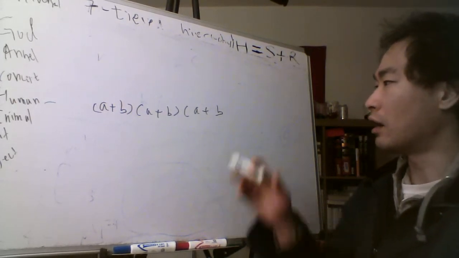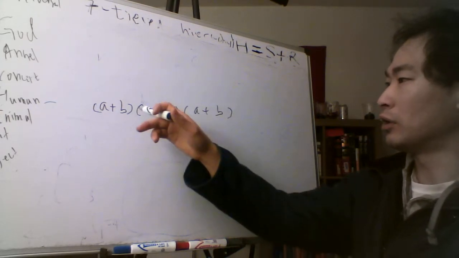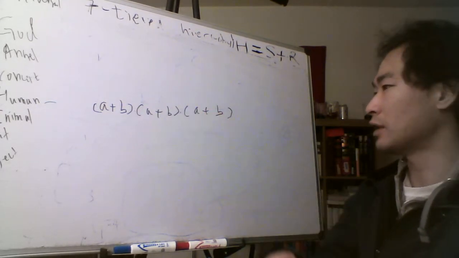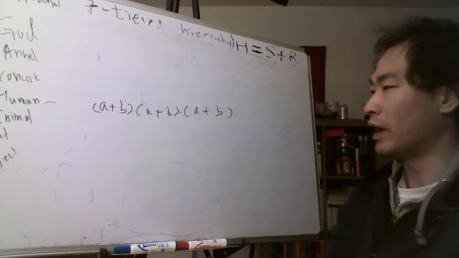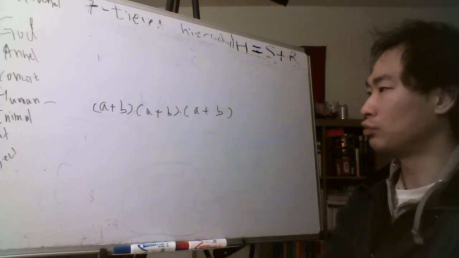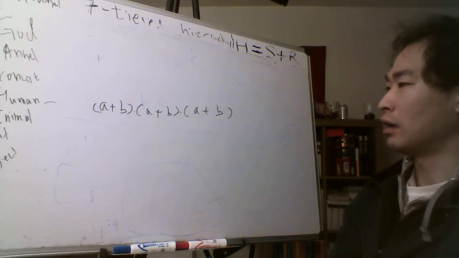How many ways are there? We multiply a plus b by itself three times.